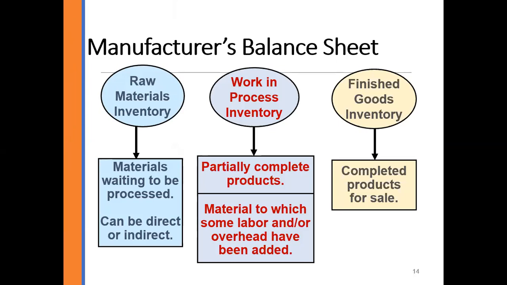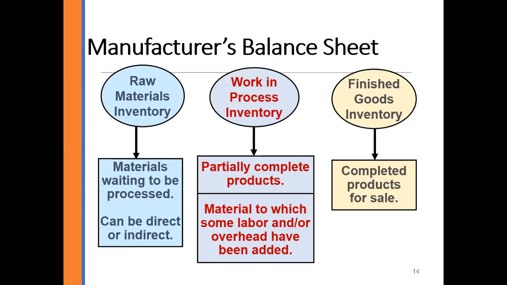So there's the one main merchandise inventory account with a merchandiser, right? With a manufacturer, on the other hand, we've got three different inventory accounts. All three of these accounts are considered current assets: raw materials inventory, work in process inventory, finished goods inventory.